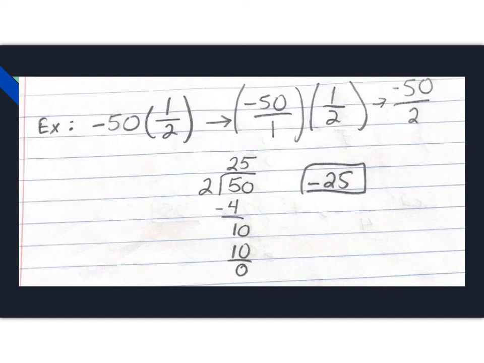The rule for multiplying fractions is just top times top, bottom times bottom. So -50 times 1 gives me -50. And then 1 times 2 gives me 2. Now we need to simplify. So we have -50 divided by 2. If we work it out, you get 25. If you look at your signs, we have a negative divided by a positive, so the answer would be -25.